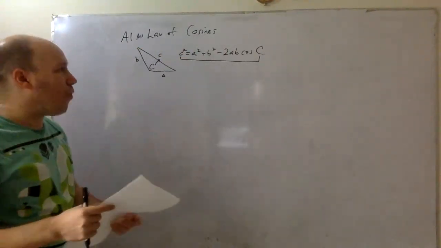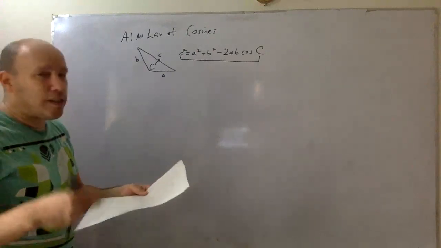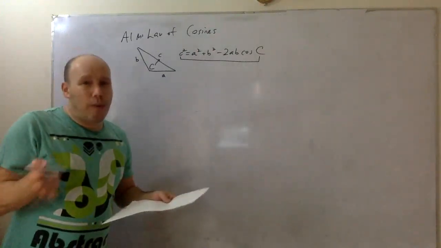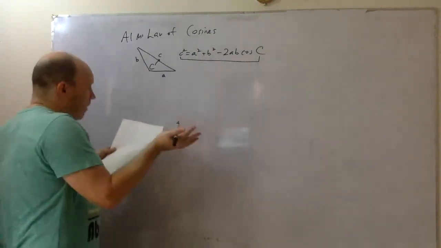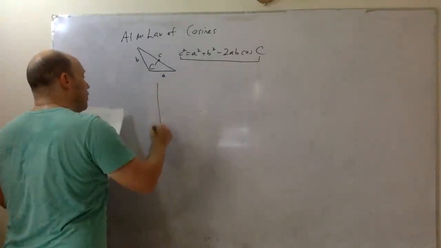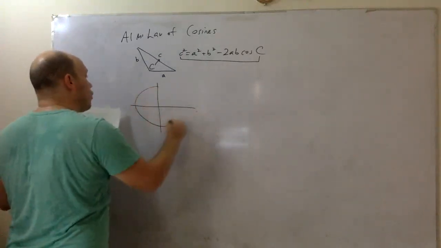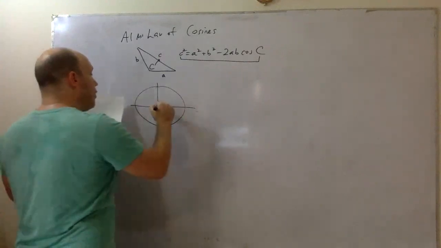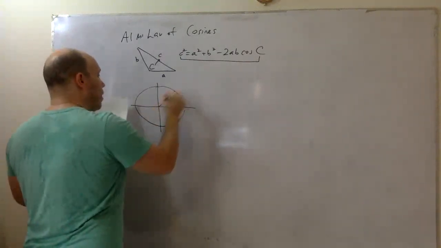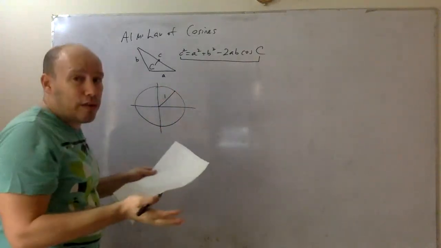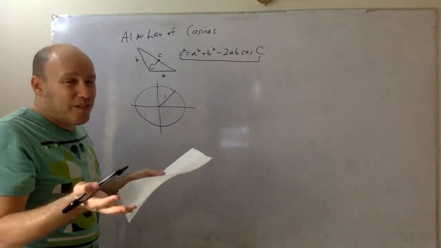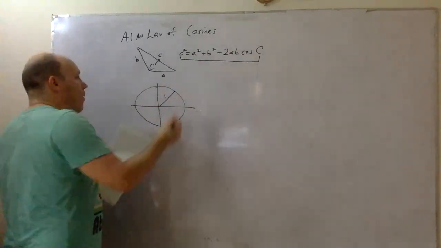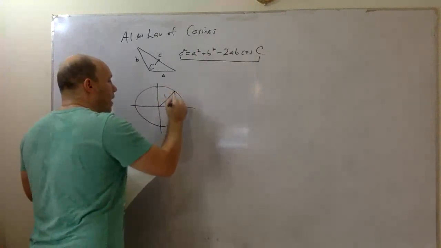But let's figure out where this formula came from. You can skip past this, I'll tell you when it's over, but I want to derive it for you. So let's start over again. We started chapter 9 with the unit circle. We drew a rotation here, and the length of the terminal ray was 1. We dropped an altitude here.